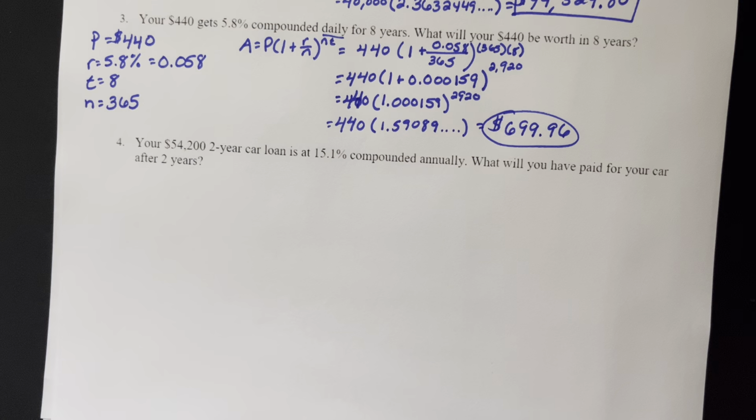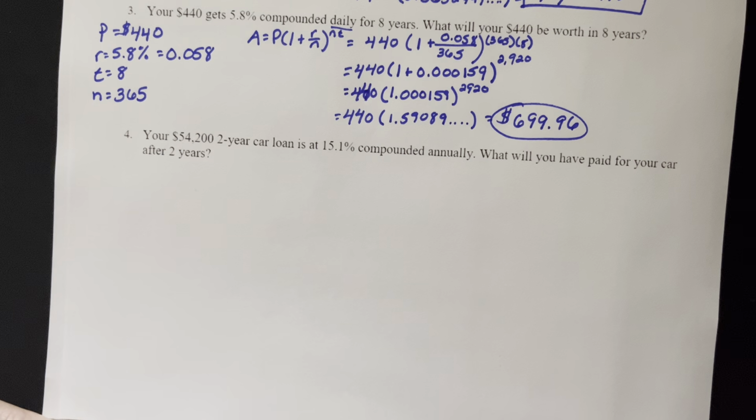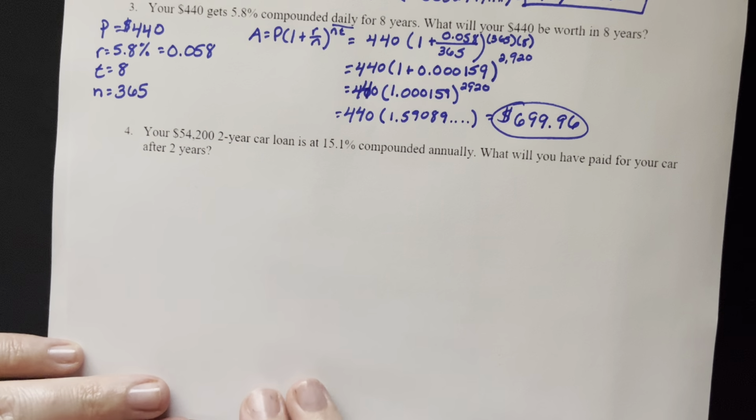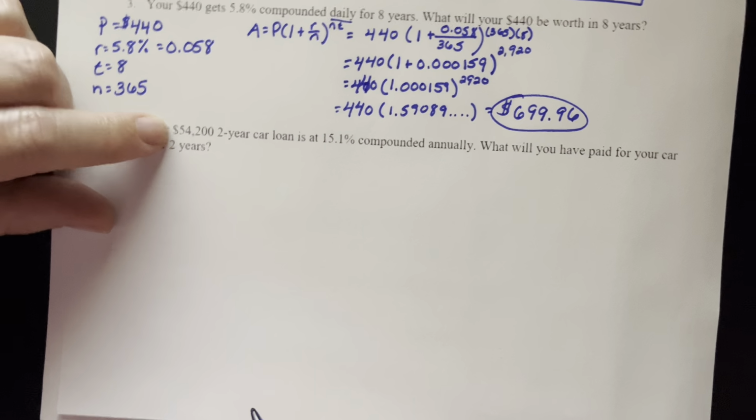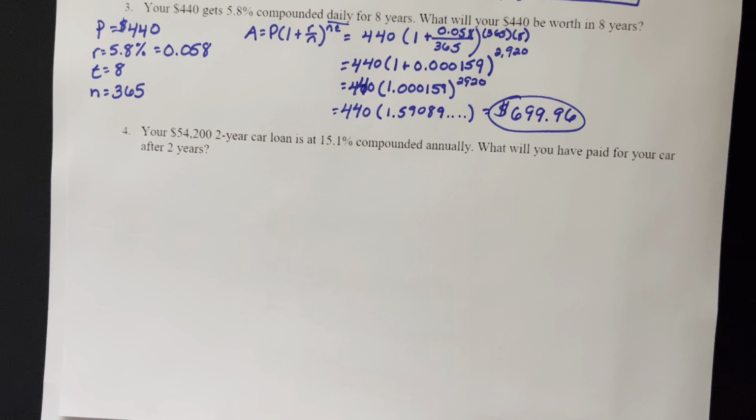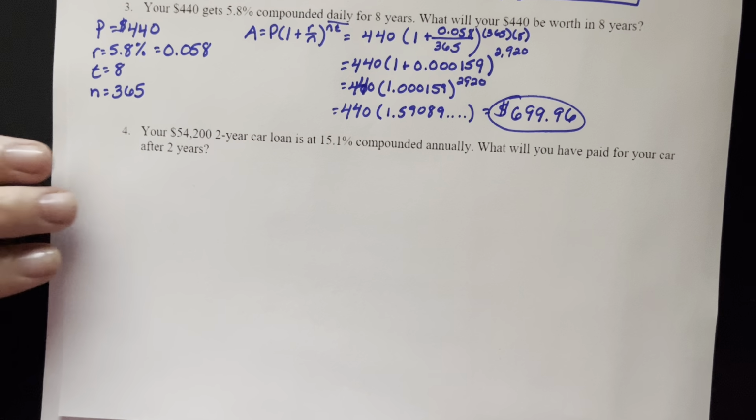Your $54,200 2-year car loan, that's a very quick car loan, is at a 15.1% compounded annually. What will you have paid for your car after 2 years? So again, you're paying what the car was valued at, plus, because you borrowed money from the loan, you have to pay the bank for the pleasure of using their money.